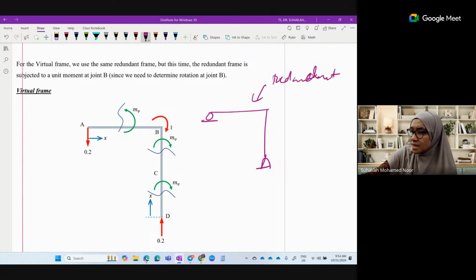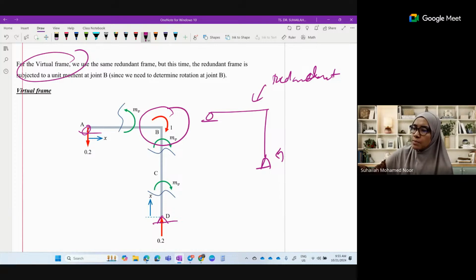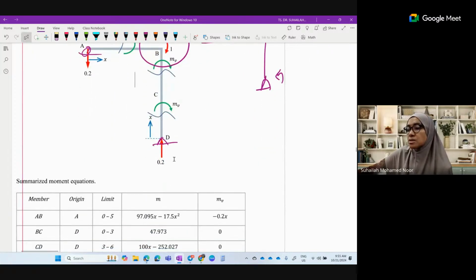Redundant frame kita yang ni yang kita letak moment sini tadi kan? Moment terbalik kita letak. So bila kita buat virtual frame, kita akan follow same type tu. Sini roller, sini pin, dan baru letak moment dekat B. Okay, this is rotation.